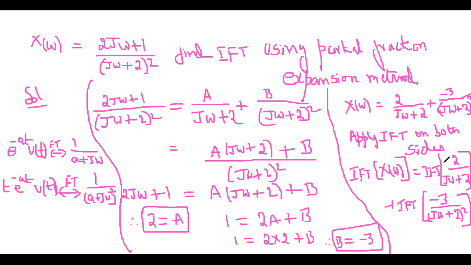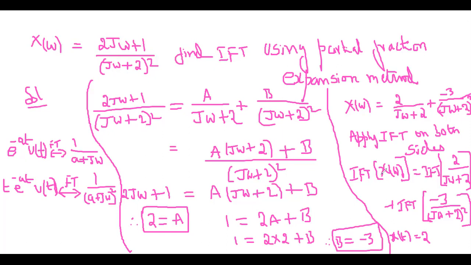See, the 2 is a constant. So the inverse Fourier transformation of X of omega is x of t. Okay, x of t is equal to. Here the 2 is a constant, write the 2 here. Now observe 1 by j omega plus 2. The same thing, 1 by a plus j omega, instead of a, here the 2 is there. So e power minus at mu of t, what is the Fourier transformation? 1 by a plus j omega. So the inverse Fourier transformation of 1 by a plus j omega is e power minus at mu of t.